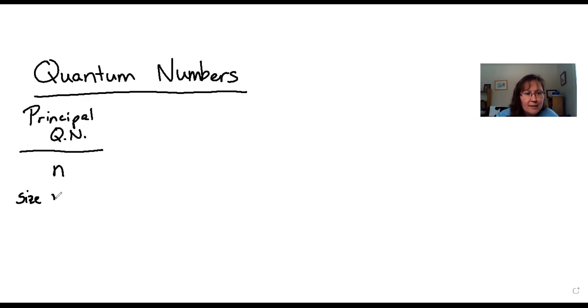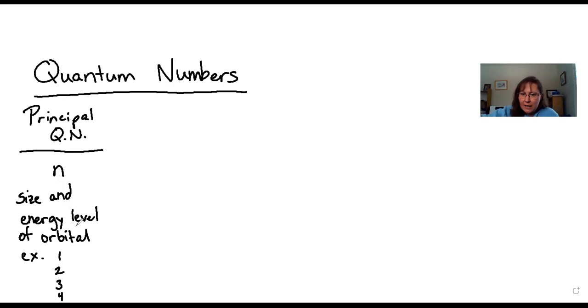So it's the size and energy level of the orbital that we're in. And n can be integers. It can be 1, 2, 3, 4. So the smallest, the first n level is 1, and so on and so forth.